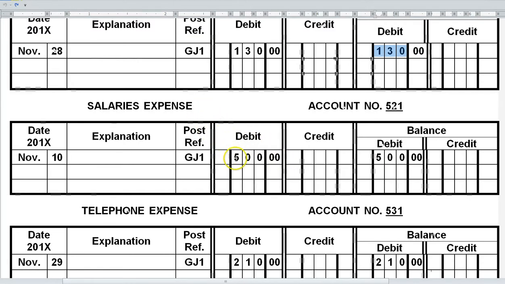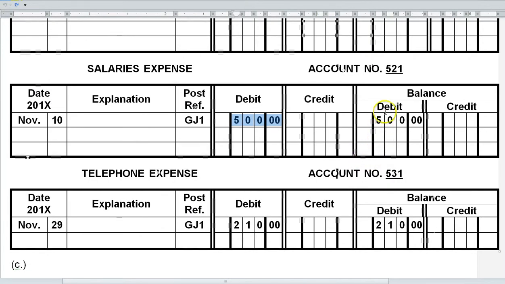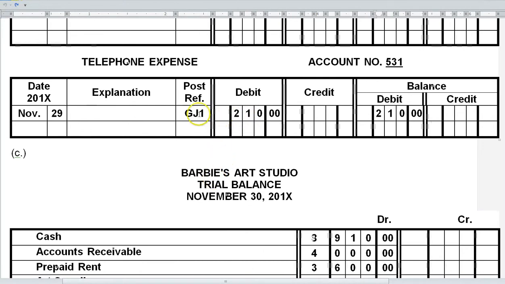We transferred from the journal to the ledger a debit to add to the salaries account, and the balance of $5,000 is extended. As you can see right there, telephone expense, same deal. Recorded on November 29th from the journal to the ledger, a debit of $210 and a balance of $210.